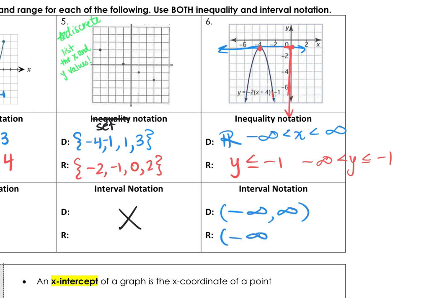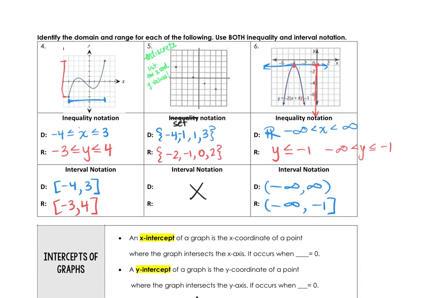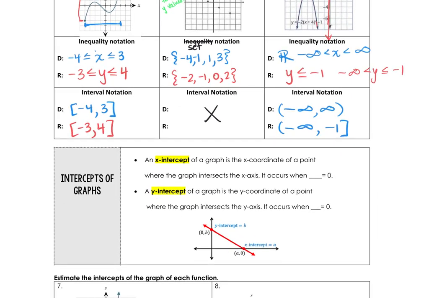So it's going to start the same with that negative infinity. And then the maximum range is -1, but that -1 is included. So that -1 should have a square bracket because you can have a y value of -1. Okay? All right. Easy stuff.